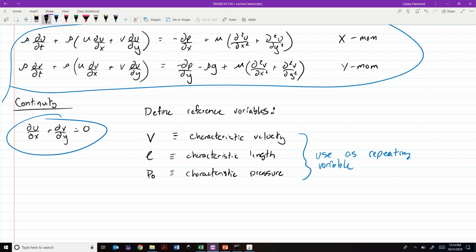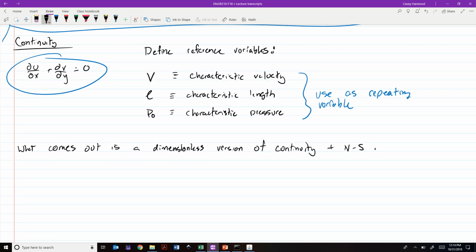The idea is what comes out is a dimensionless version of continuity and Navier-Stokes with some classic pi terms as coefficients.